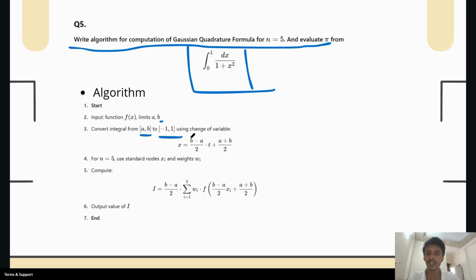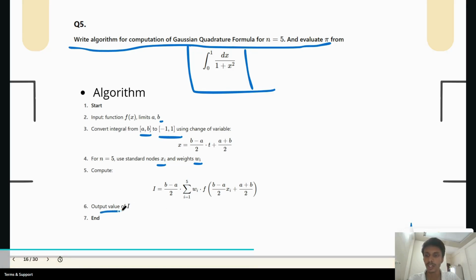The change of variables can be done using the formula x equals (b minus a)/2 times t plus (a plus b)/2. For n equals 5, we use standard nodes xi and weights wi. We compute the integral as (b minus a)/2 times the summation i equals 1 to 5 of wi times f at the changed variable. Then we output the value of I.